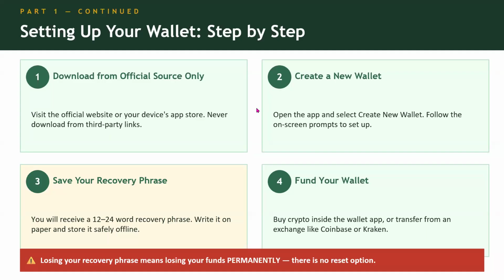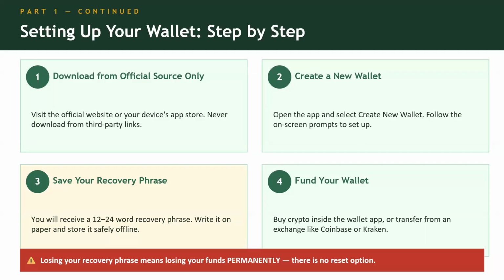Step two. Once you've done that from an official site, you want to create a new wallet. Open the app and select Create a New Wallet. Follow the on-screen prompts to set up. Three, save your recovery phrase. You will receive a 12 to 24 word recovery phrase.